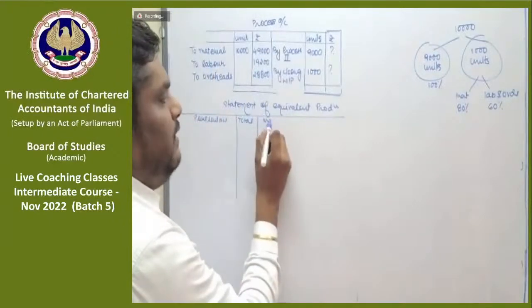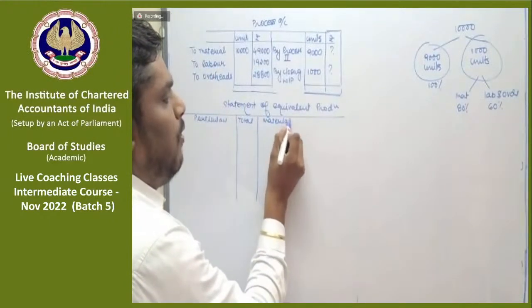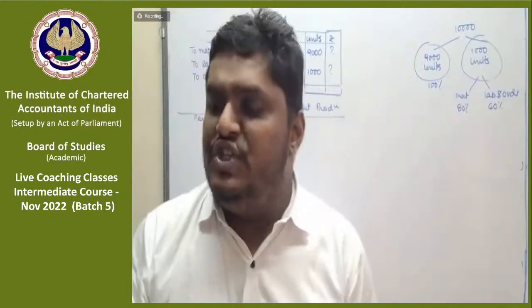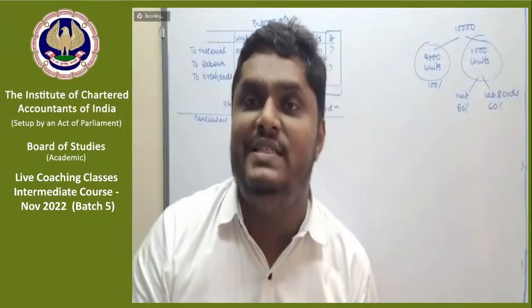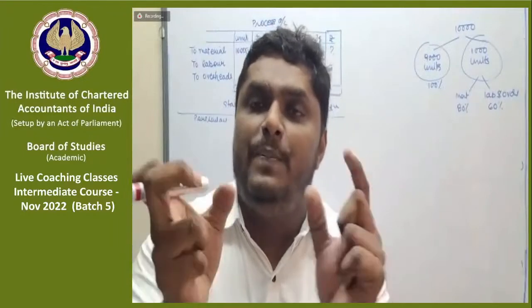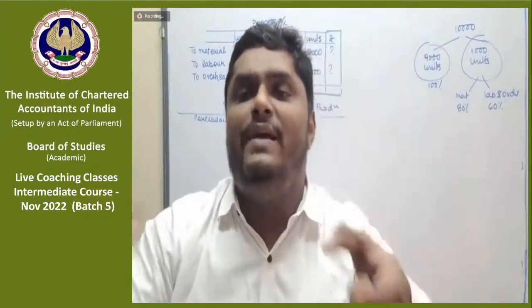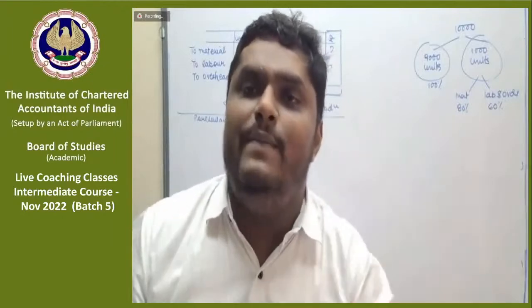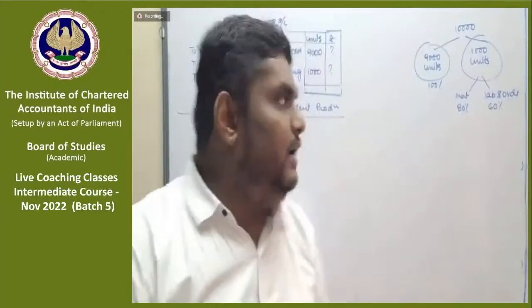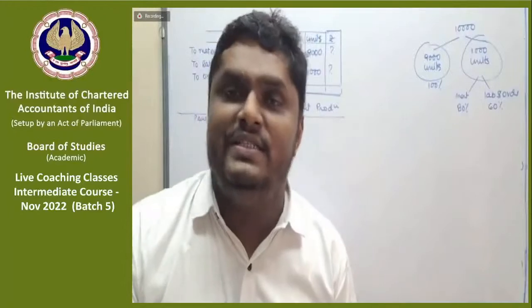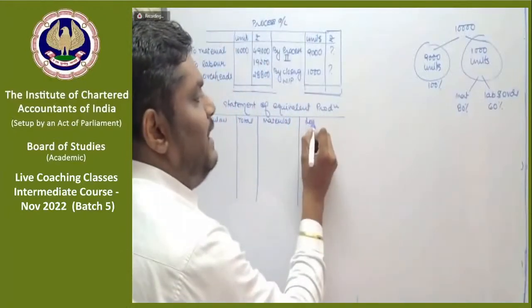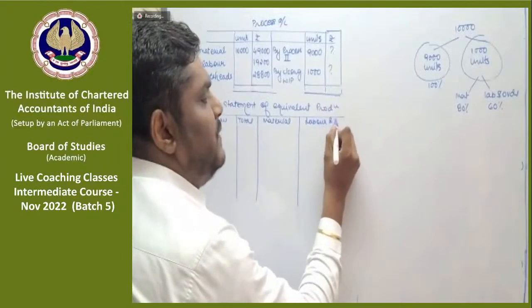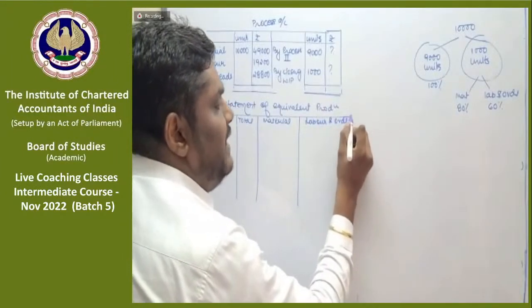So material. Now, in this question, the percentage of completion of labor and overhead is 60%, that is the same. If in this question the percentage of completion of material, labor, and overhead was the same, it was very easy for us to calculate. But herein in this question, it is different. So we'll prepare the separate column for material and single column for labor and overheads, because the percentage of completion of labor and overhead is the same.